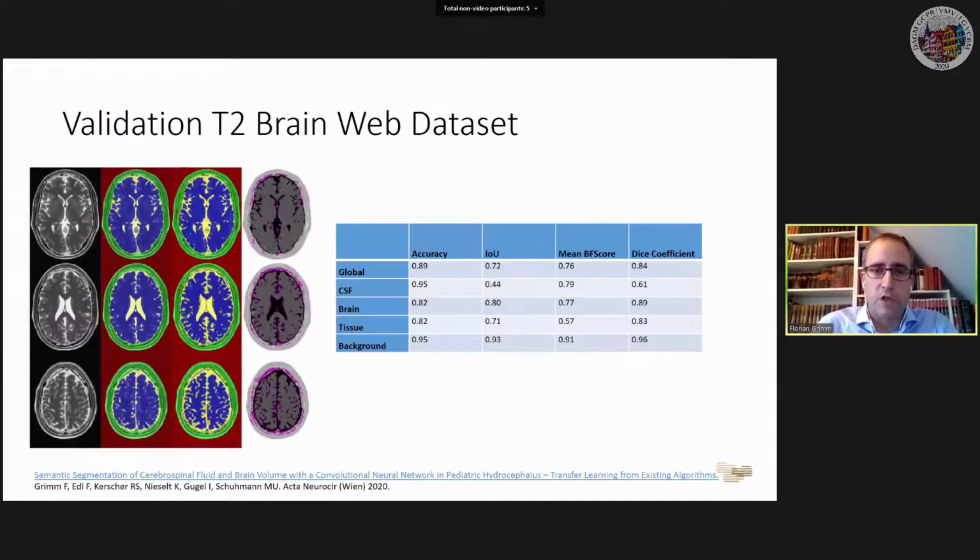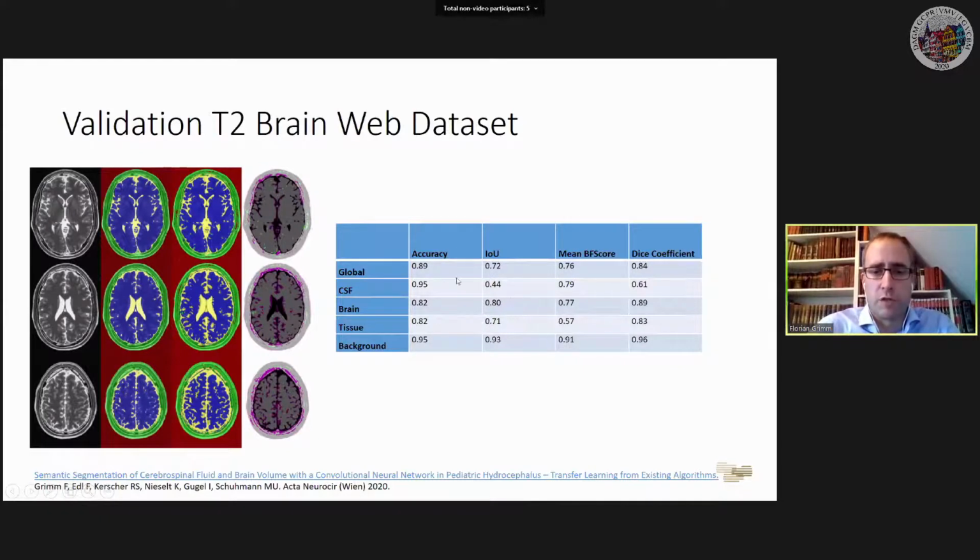So the validation against the T2 BrainWeb dataset is illustrated here. And here again, you see the slices of the BrainWeb dataset, the known ground truth of the BrainWeb dataset, and the classification results.